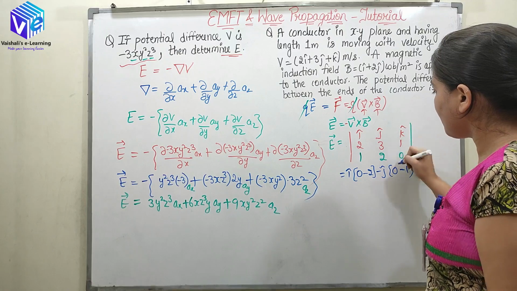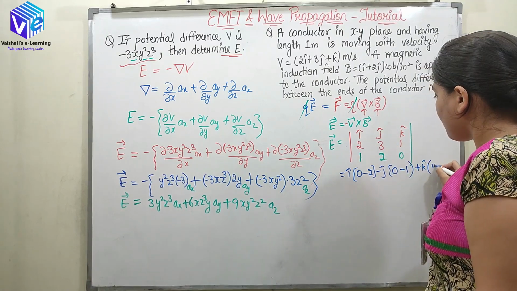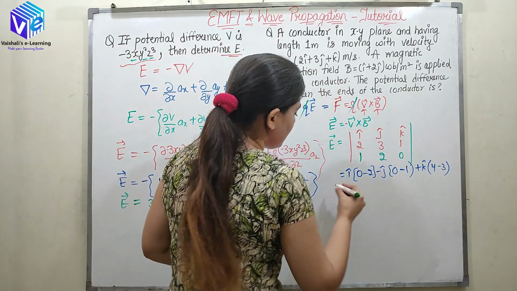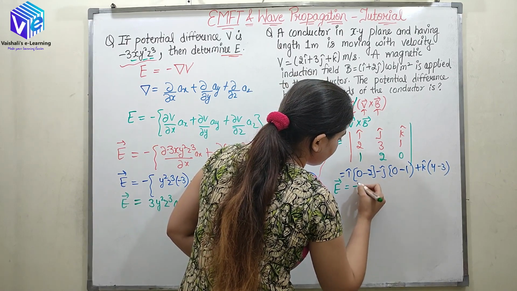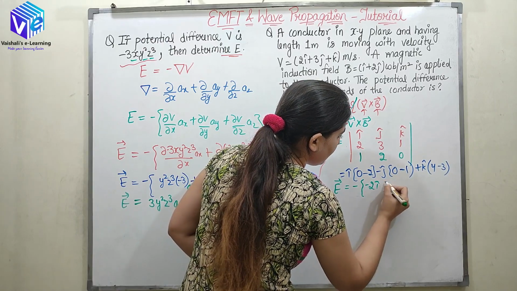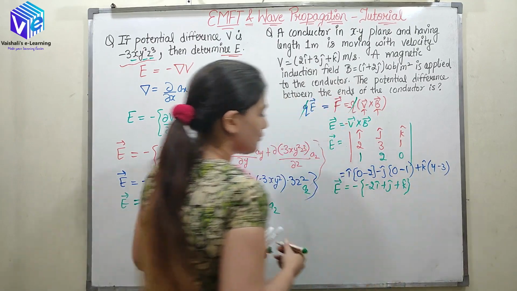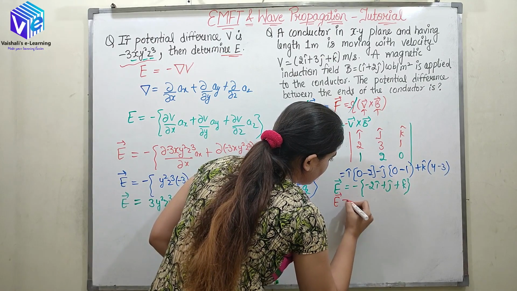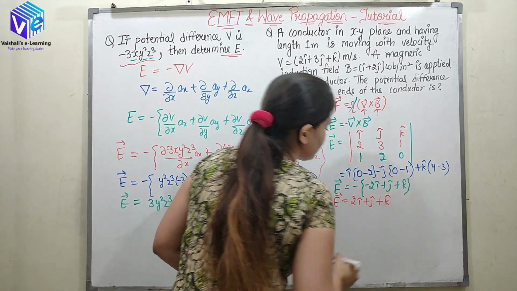Here I will leave this column and this row: 4 minus 3. So now I know what E is. E will be equal to negative of minus 2i plus j plus k. So I will take its negative. So here E will be equal to 2i plus j plus k.